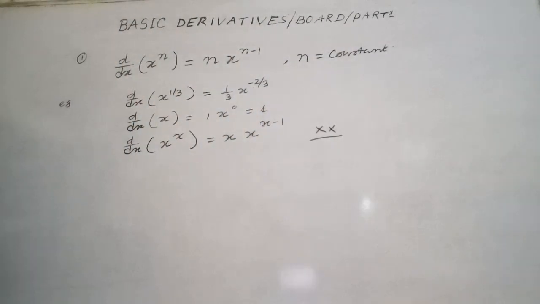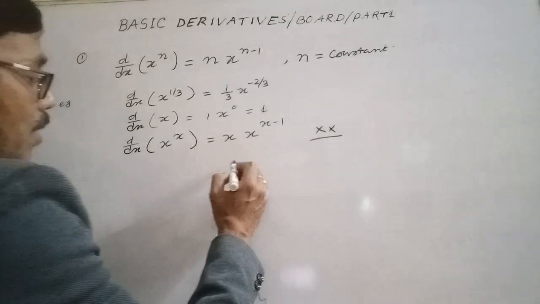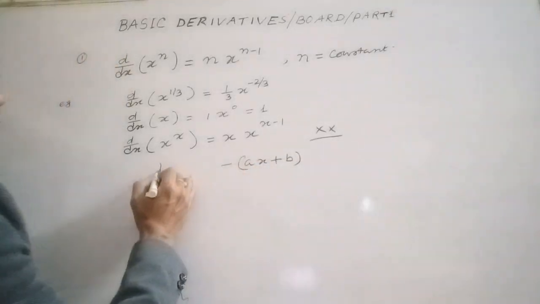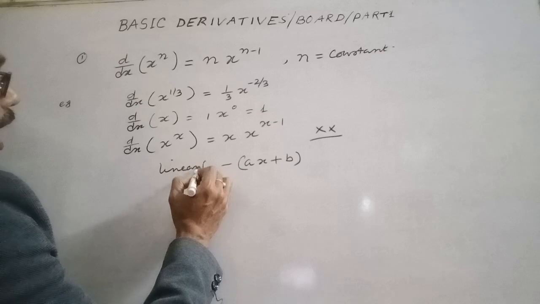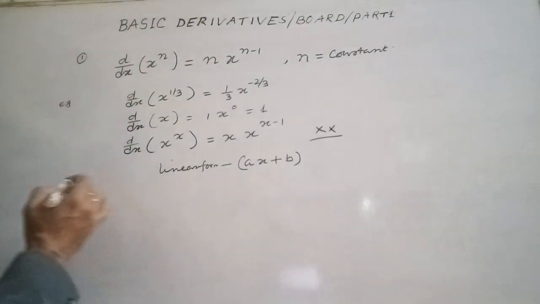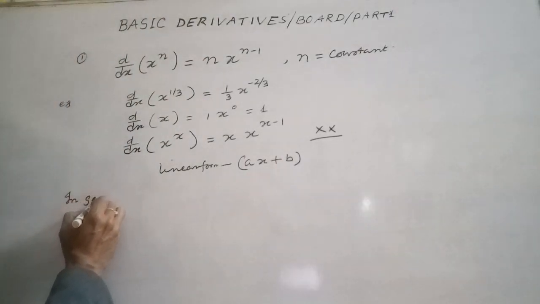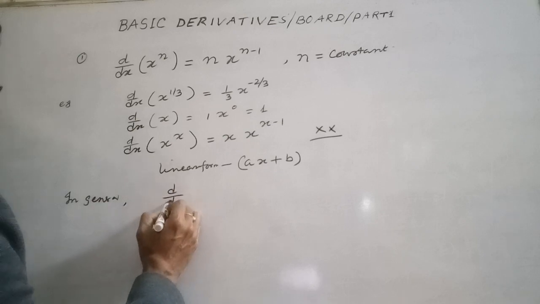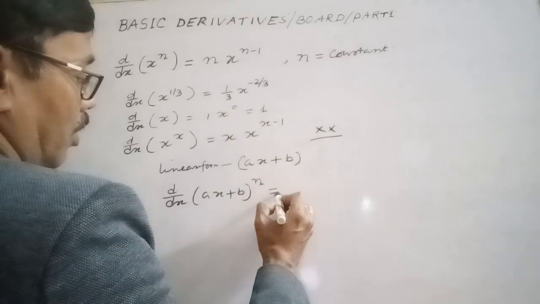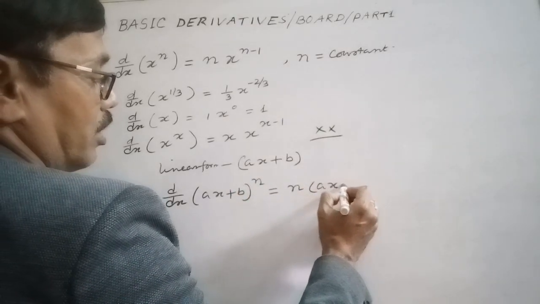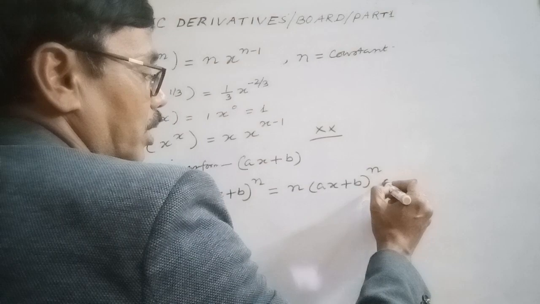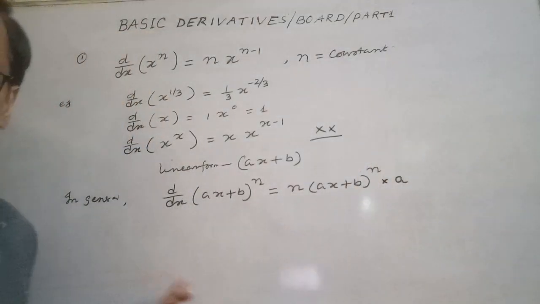Now, you know the linear form of an algebraic function; the general form is ax plus b. So in general, d by dx of (ax plus b) whole to the power n equals n into the power diminished by 1, into, if it is linear, the coefficient of x.